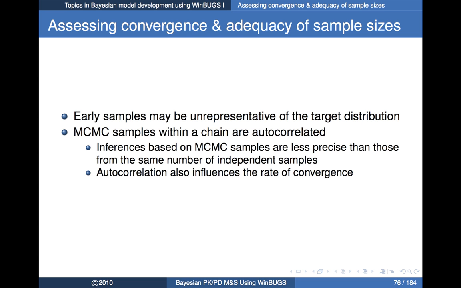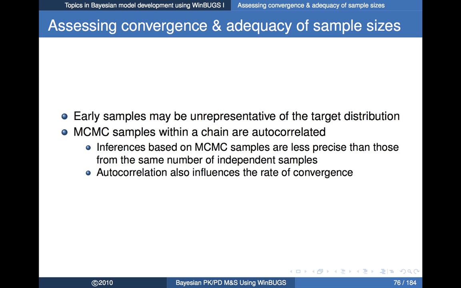And another thing, because we are dealing with a Markov chain here where each sample depends upon the previous sample, it is pretty much by design that the MCMC samples within a chain are going to be autocorrelated. The consequences of that are, one, that inferences based upon MCMC samples are less precise than those that you would get from the same number of independent samples.